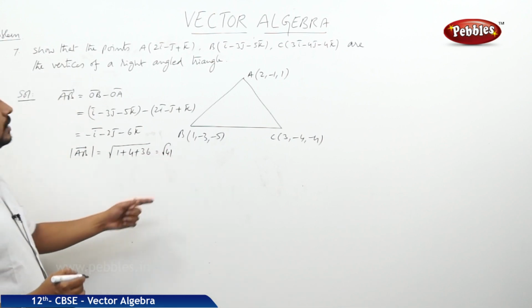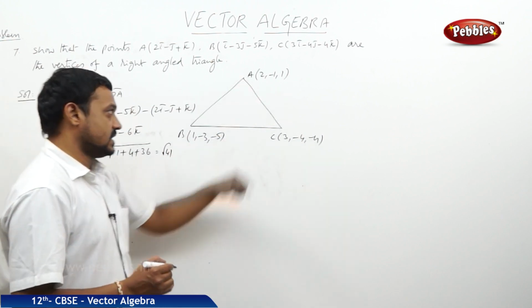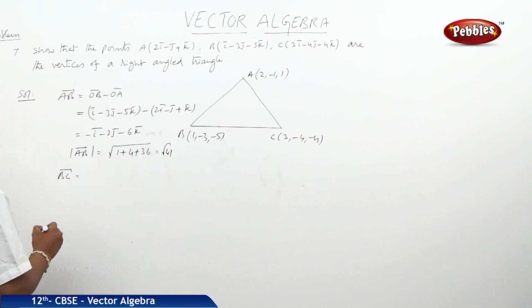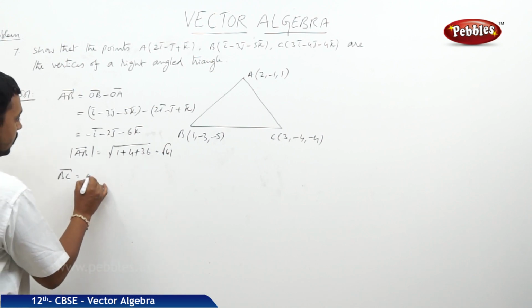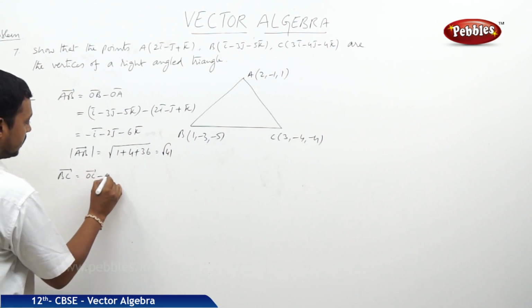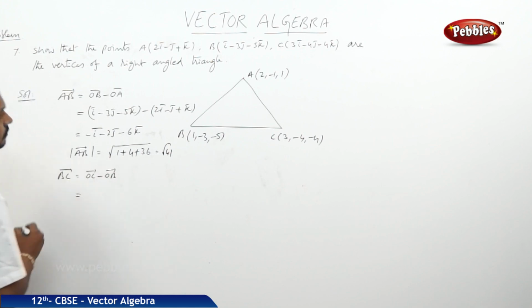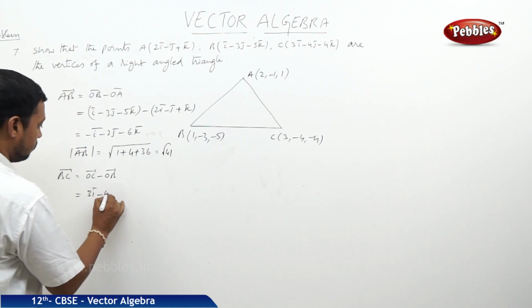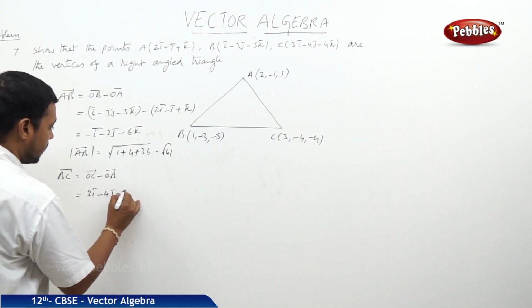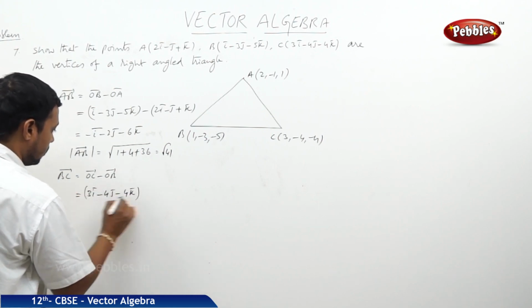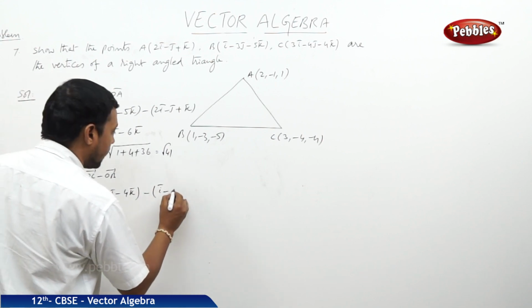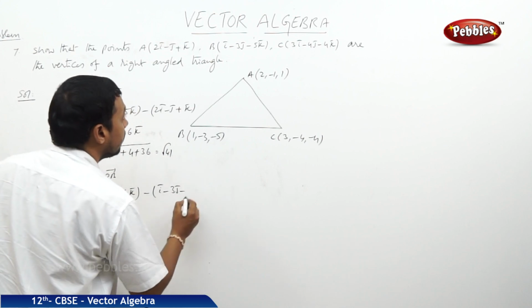Similarly, find BC and CA vectors. BC vector is equal to OC vector minus OB vector. OC vector is equal to 3I minus 4J minus 4K and OB vector is equal to I minus 3J minus 5K.